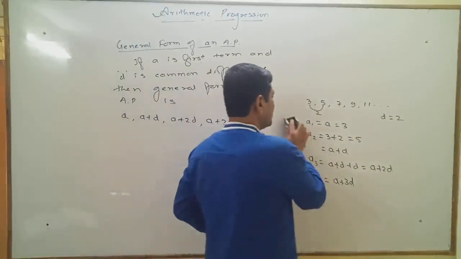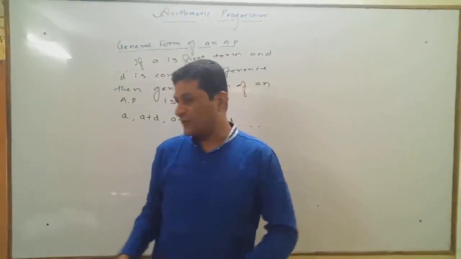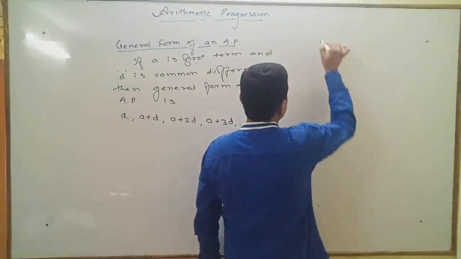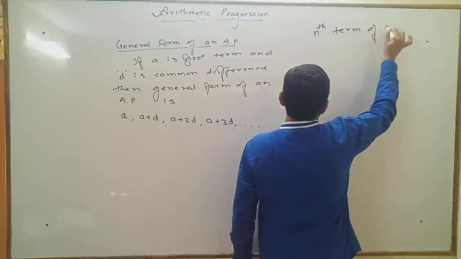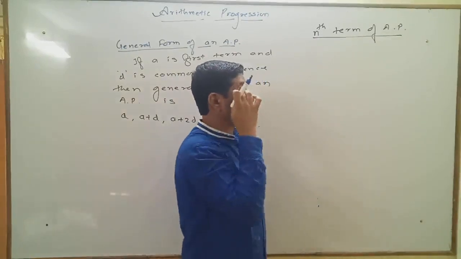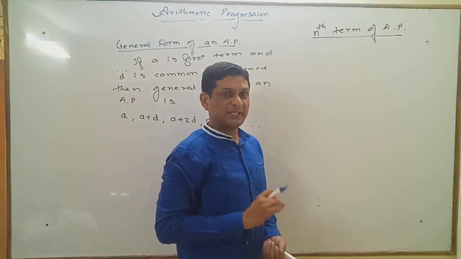Now we are discussing one very important formula to find the nth term of the arithmetic progression. By applying only this one formula, we can solve most of the examples from the second exercise.